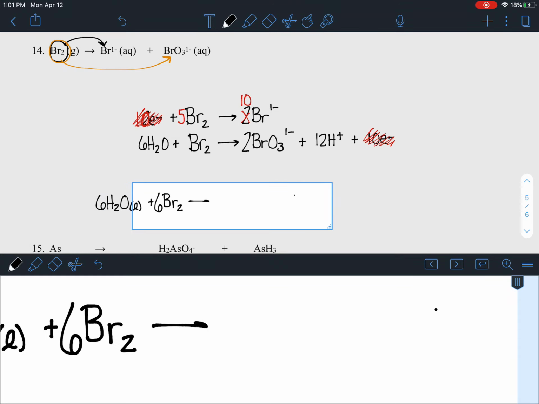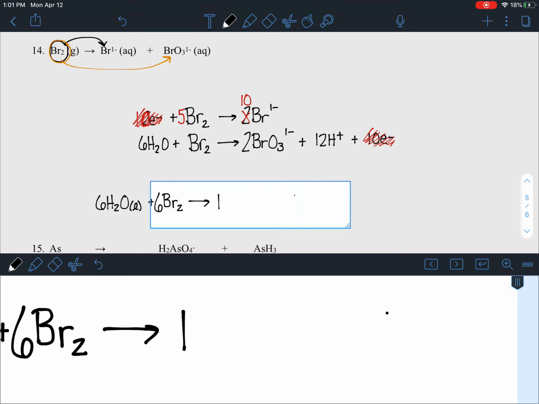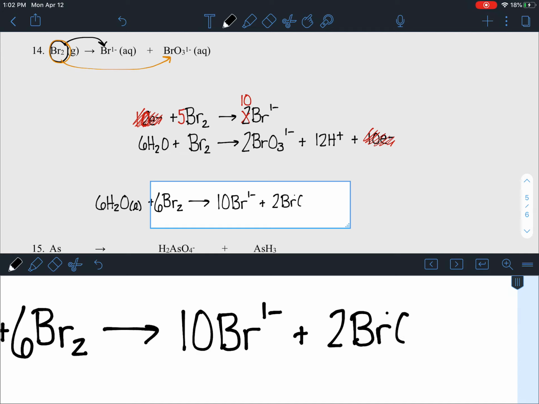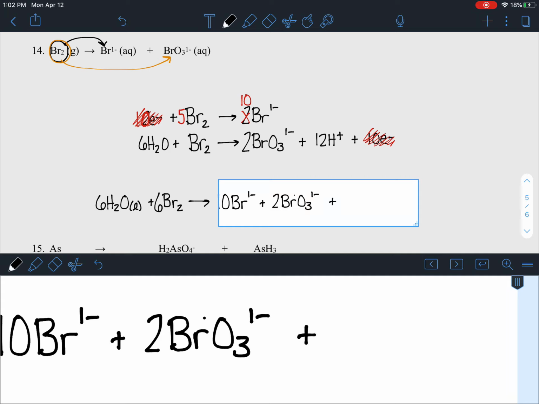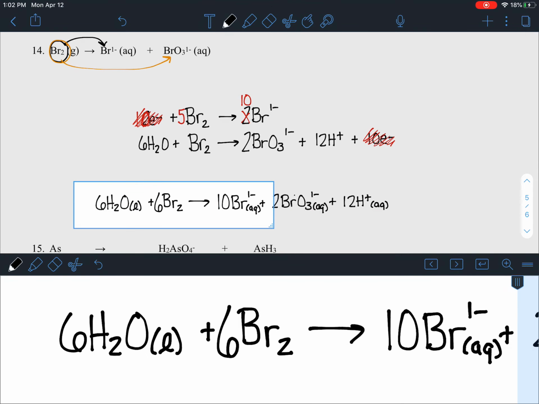And then that's going to lead us to having 10 Br1 minus plus 2 BrO3 1 minus plus 12 H positives. And this will be aqueous, this will be aqueous, and this will be aqueous. I'll go back here and put the gas on the bromine.